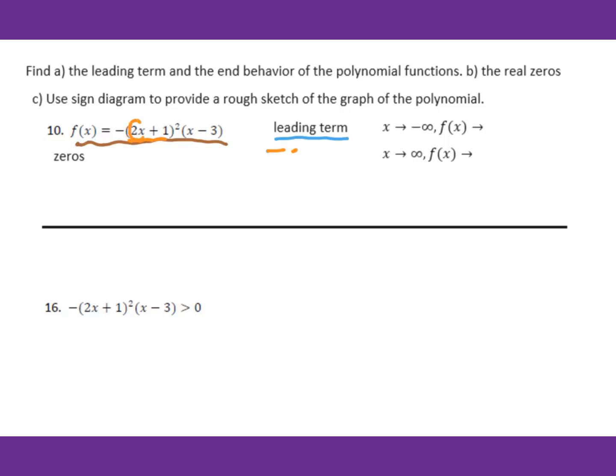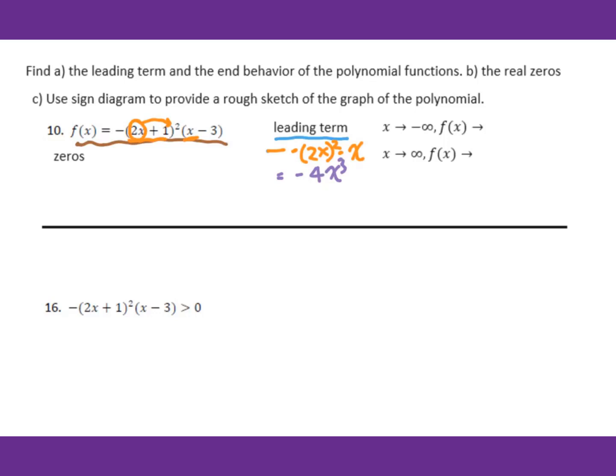Leading term is 2x to the second power, so we do 2x squared. Then the third factor, that's x. I multiply by x. Then we got -4x to the third power.